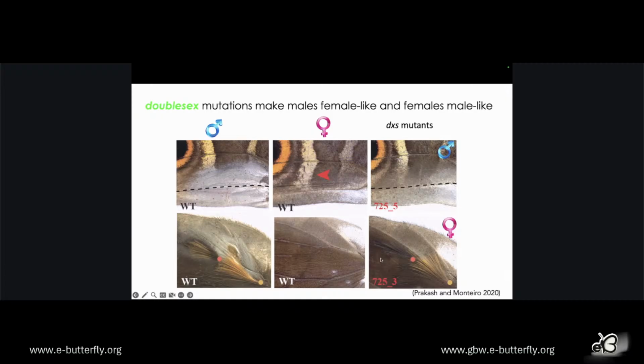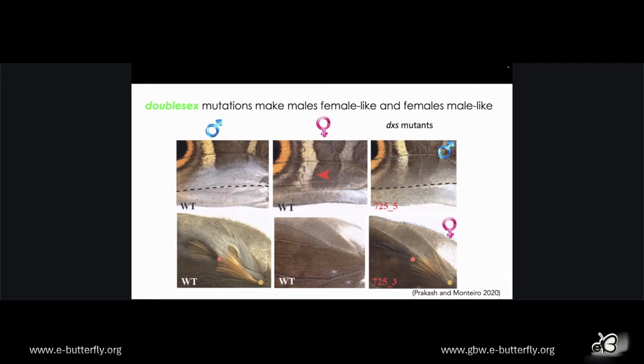But look at what happens in females. In females that have been mutated for the doublesex protein, they become male-like. So these females now develop these hair pencils on their wings, and they revert to this sort of male trait characteristic. And so what this tells us is that in females, the doublesex protein is functioning as a repressor of a default program.